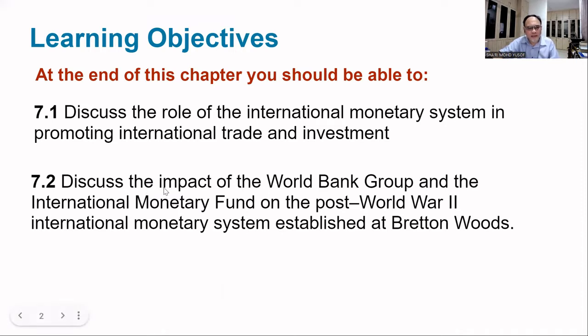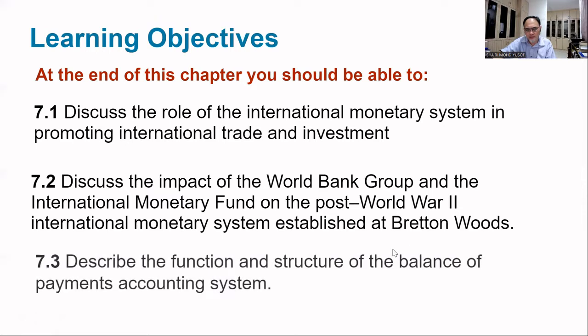And secondly, discuss the impact of the World Bank Group that was created after the First World War, and also the International Monetary Fund after World War II. Sorry, World War II: the International Monetary System established at Bretton Woods. That's key in the development of the international monetary system.